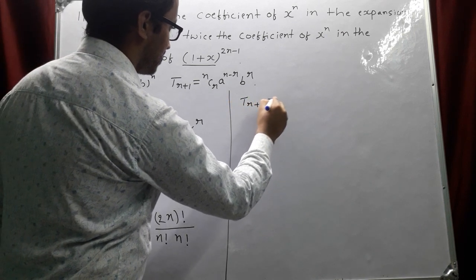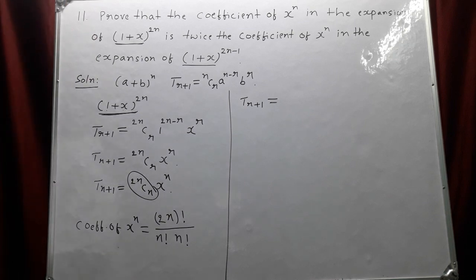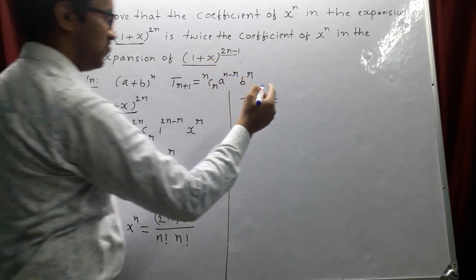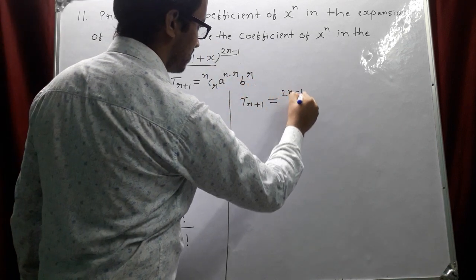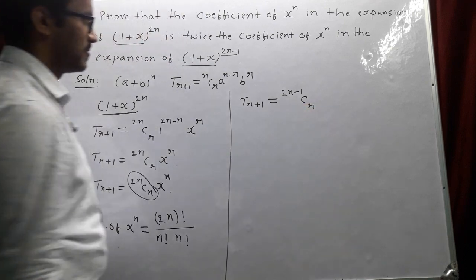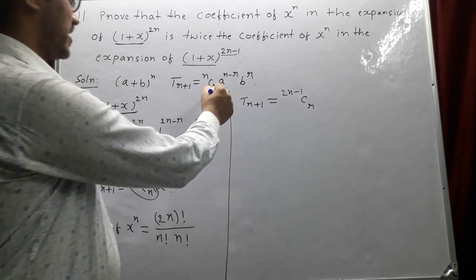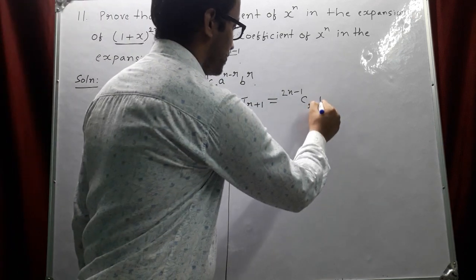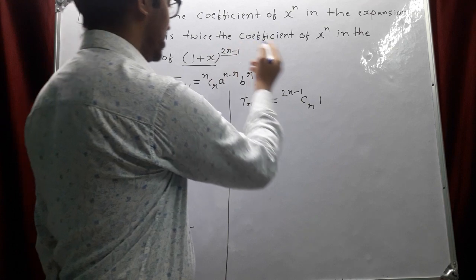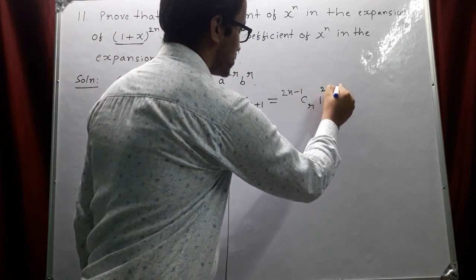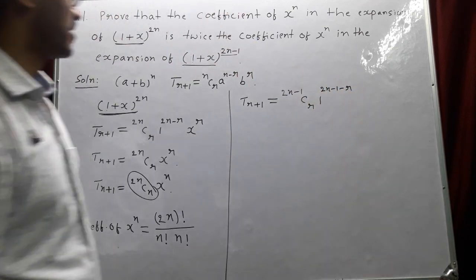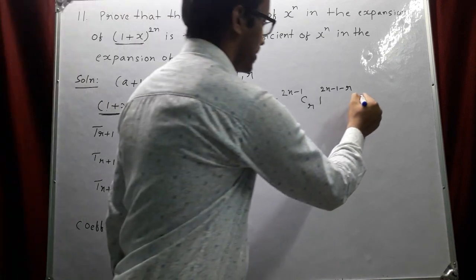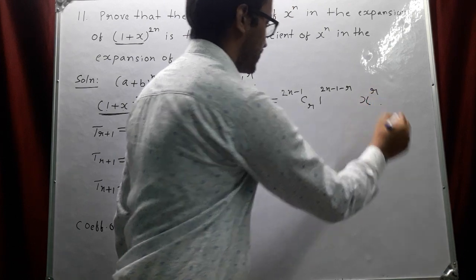The general term is T(r+1) = nCr, but here the index is 2n-1. So (2n-1)Cr into a^(n-r). The a value is 1, so 1 to the power of the index, which is 2n-1-r, into b^r. The b value is x^r.